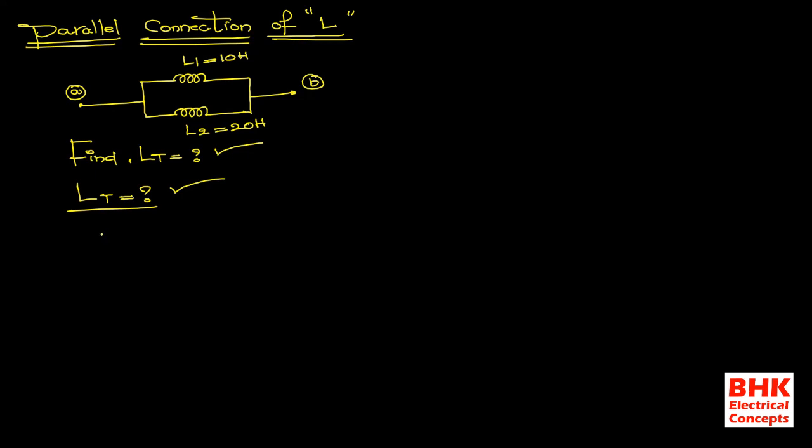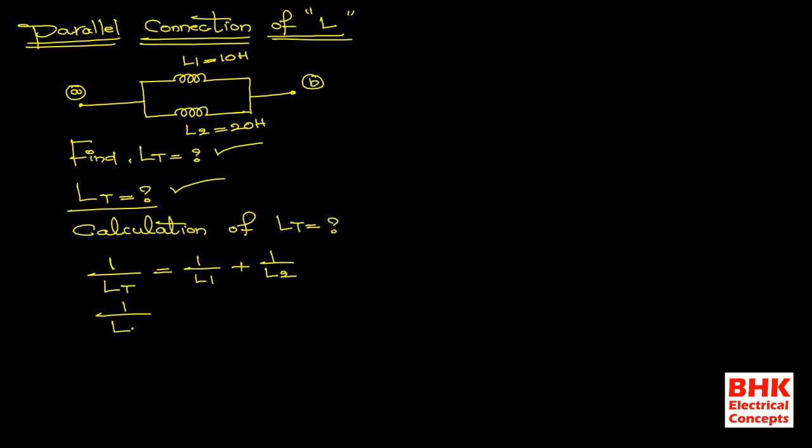Okay, now here the calculation. So calculation of total inductance is required. Now here the reciprocal of total inductance is equal to the reciprocal of L1 plus the reciprocal of L2. Okay. Now here 1 divided by total inductance is equal to 1 by the value of L1, that is 10, plus 1 by the value of L2, which is 20.